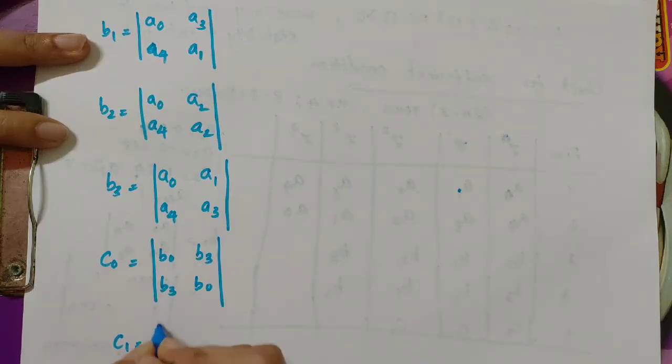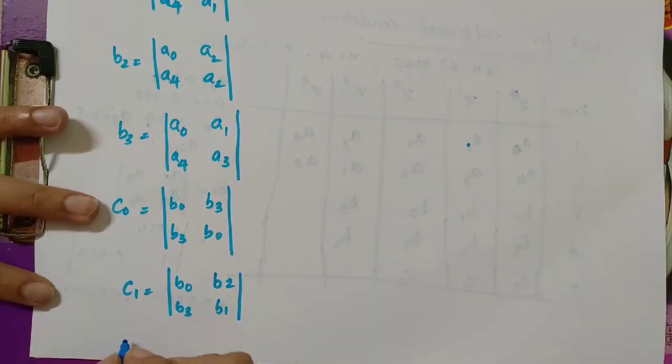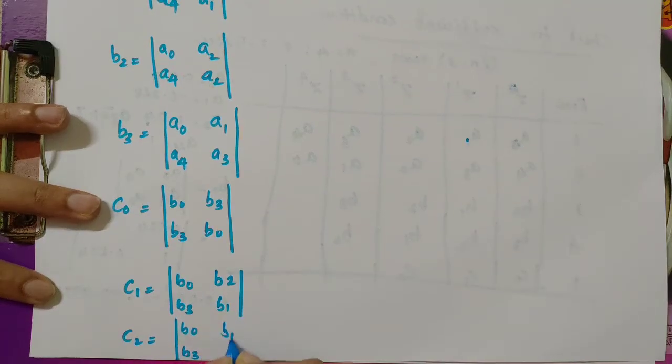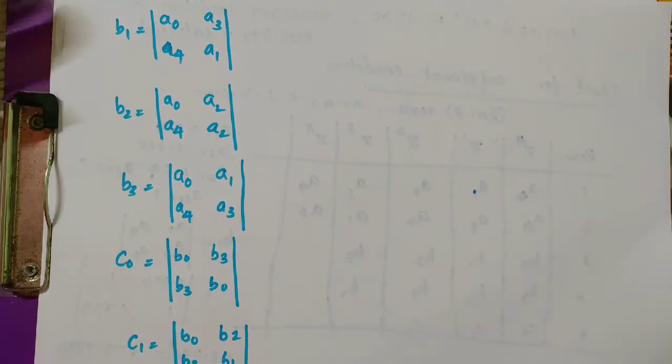C1 is equal to B0 B3 and B2 B1. Also C2 is equal to B0 B3 B1 B2. Okay, so I have written down which determinants to find for each.